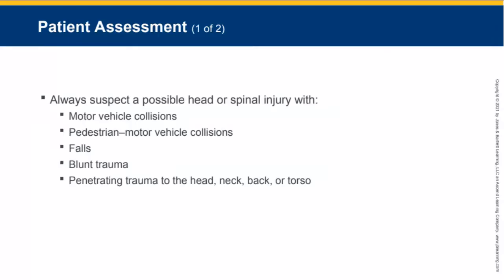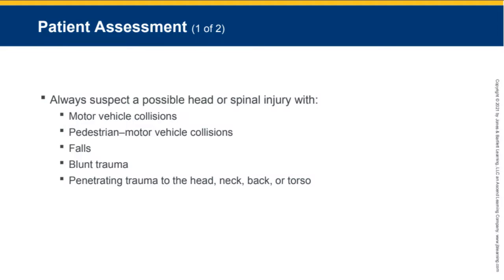Now let's look at the patient assessment approach for patients with head and spine injuries. Always suspect a possible head or spinal injury with motor vehicle collisions, pedestrian versus motor vehicle collisions, right?